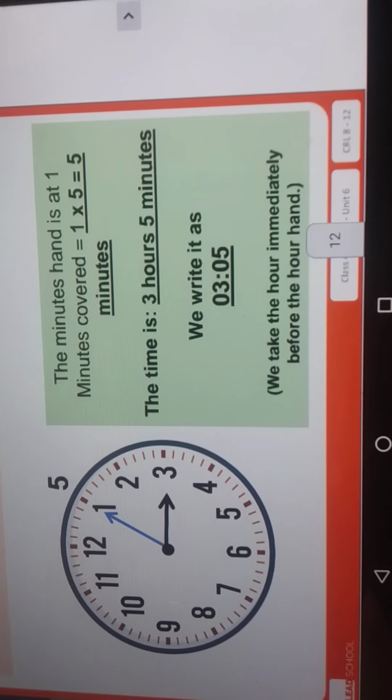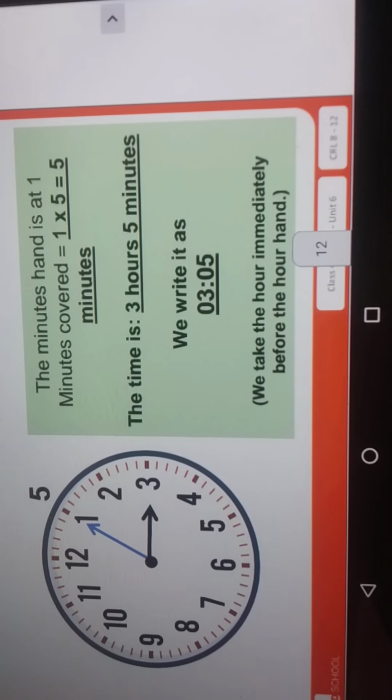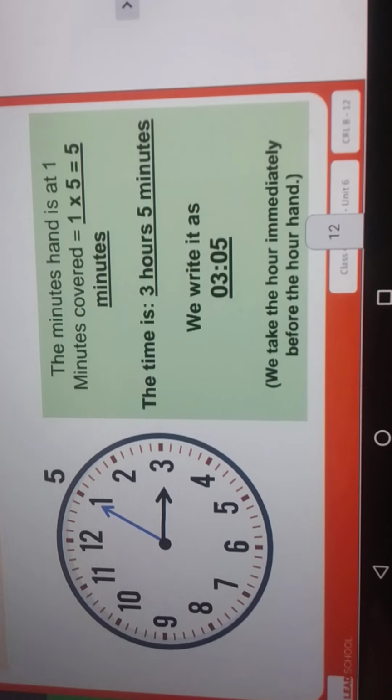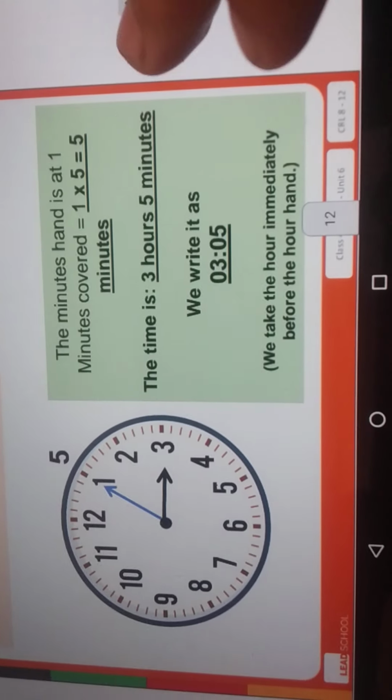The time is just 3 hours and 5 minutes. What was the time? 3 hours and 5 minutes. We write 3:05. We take the hour immediately before the hour hand. Okay. Understood everyone?